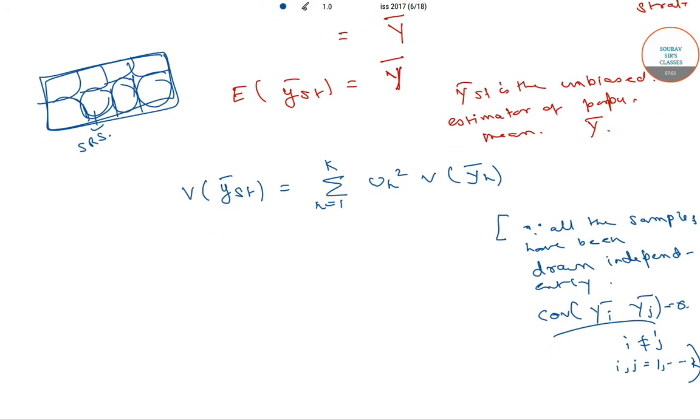The first case is simple random sampling without replacement, that is SRSWOR.